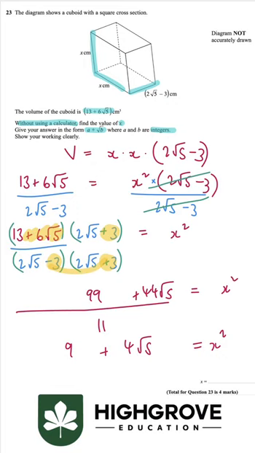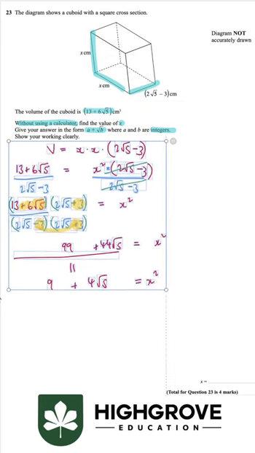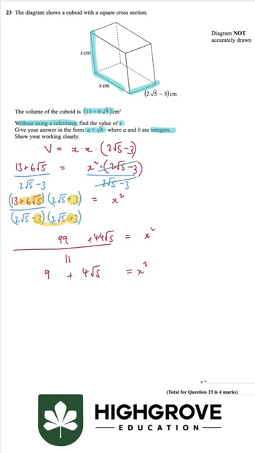Now, I need to leave my answer in a particular form in this question. So I can't just take a square root here at this stage. I need to use the fact that x is in this form, a plus root b. So let's replace the x there by the form they've given us. So this is, on the right hand side, a plus root b all squared. Remember what that means?